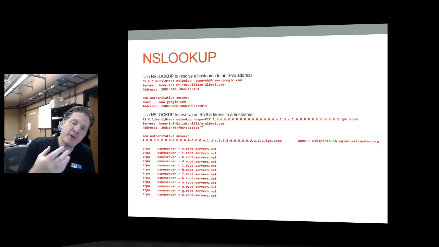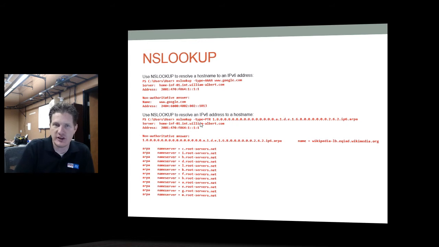And then the server will reply back with the IPv6 address rather than the IP version 4 address. You can also look up a pointer record. If you know what the IP address is, you can reverse it and look it up that way. In this example, we did a pointer record looking for this particular address, and we got back Wikipedia.